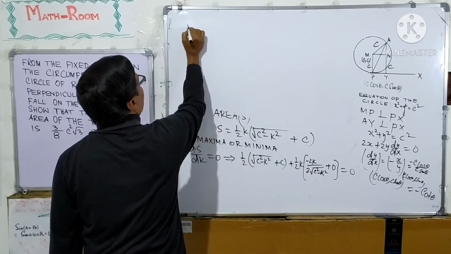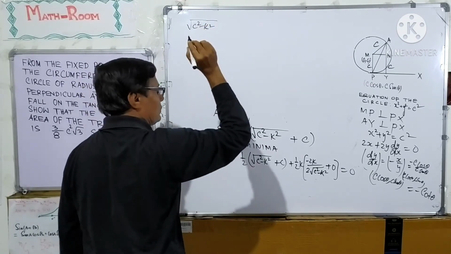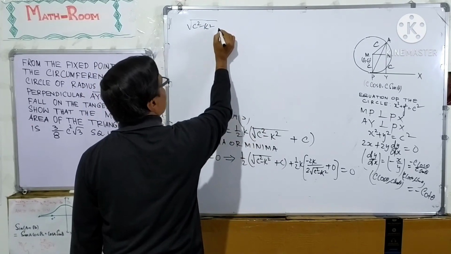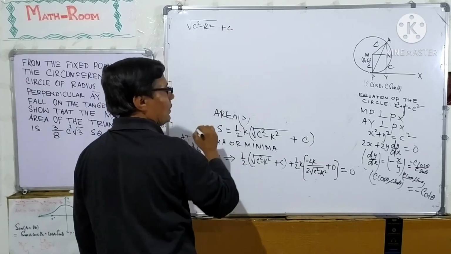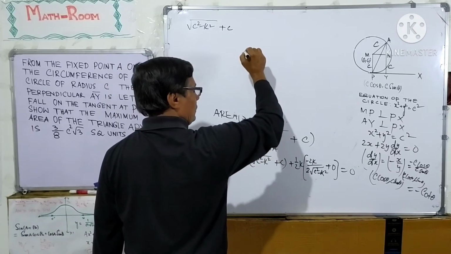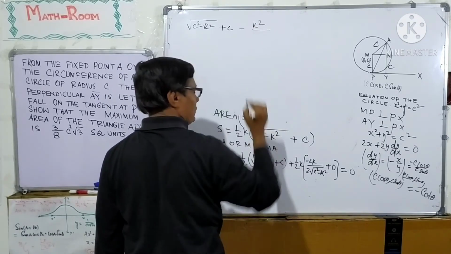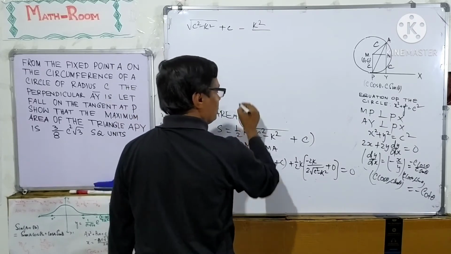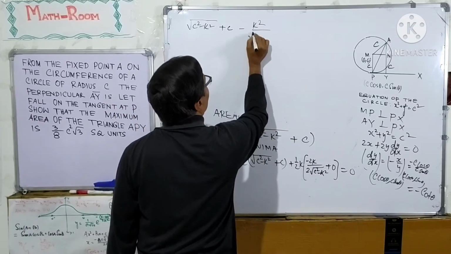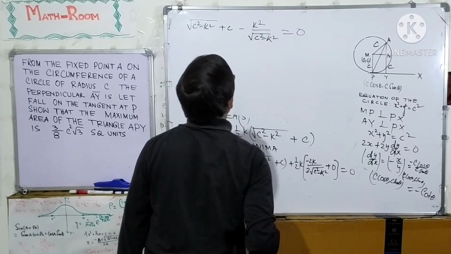So, root over of c square minus k square plus c, minus k square over root of c square minus k square, equal to 0.